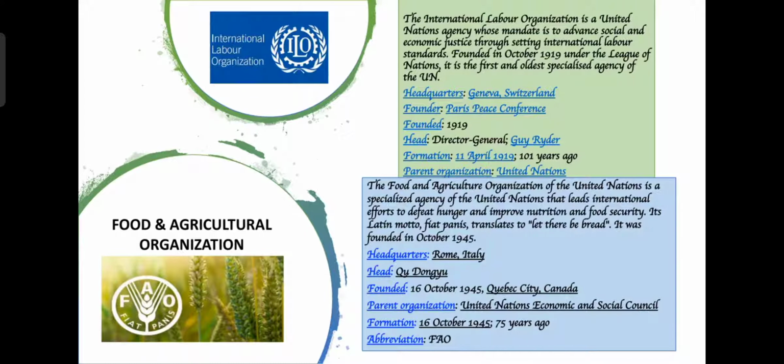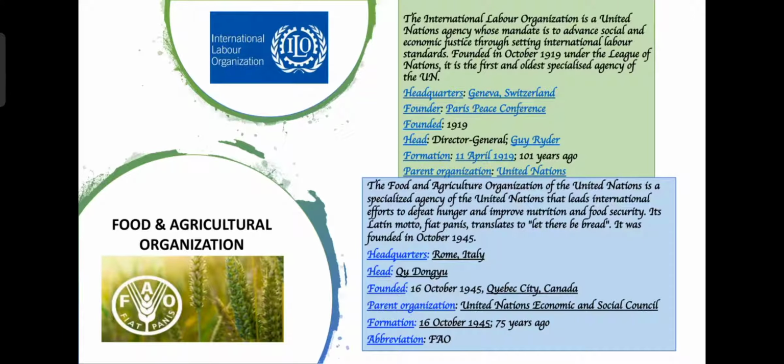Apart from these 6 major organs, there are many affiliated organizations of the United Nations that help it in its functions. They are called specialized agencies. That is, they are working in specific areas that they help different nations in those areas. Some are the International Labour Organization, that is ILO.